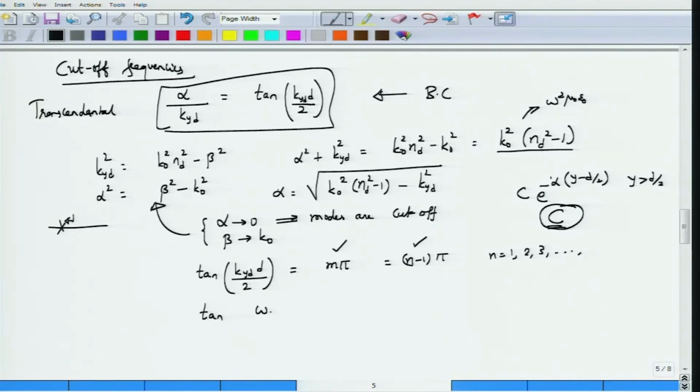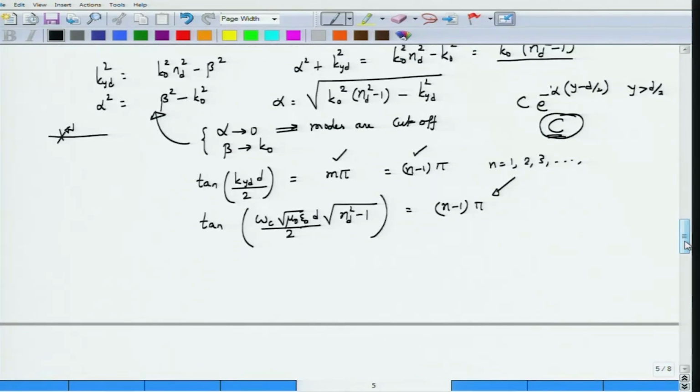It would be omega c, the cutoff frequency, square root mu 0 epsilon 0 divided by 2, there is also a d here, then square root of nd square minus 1. This must be equal to n minus 1 into pi, if you are using this notation, for the waves to be cutting off.